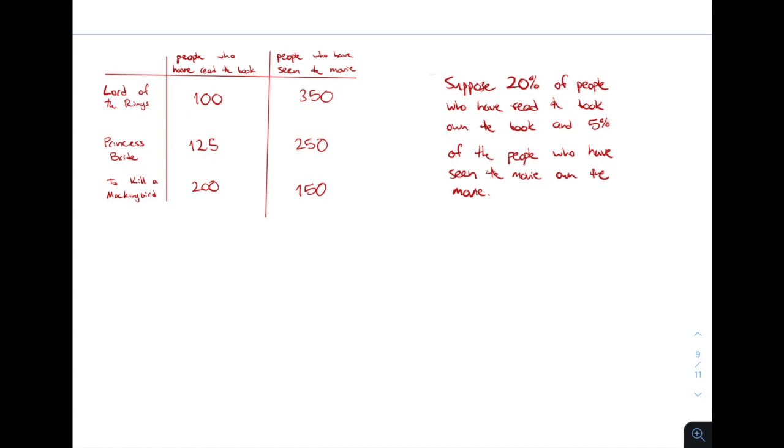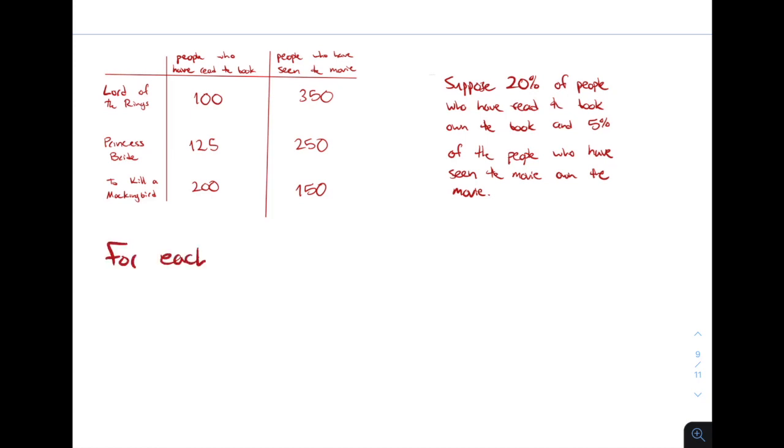Consider the following information. Suppose we're given the table of 3 books, Lord of the Rings, Princess Bride, To Kill a Mockingbird, and we're given the amount of people surveyed that have read the book, and conversely, the people who have seen the corresponding movie. And suppose we're told that 20% of the people who have read the book own the book, and 5% of the people who have seen the movie own the movie.